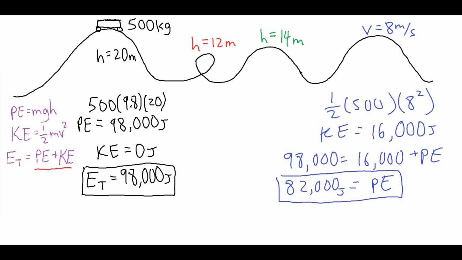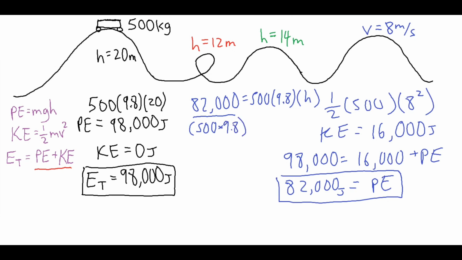So if I plug this in, then I have 82,000 equal to mgh. So I can go ahead and divide these over to the other side.